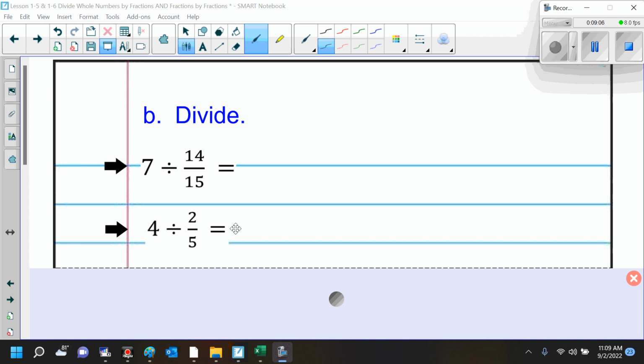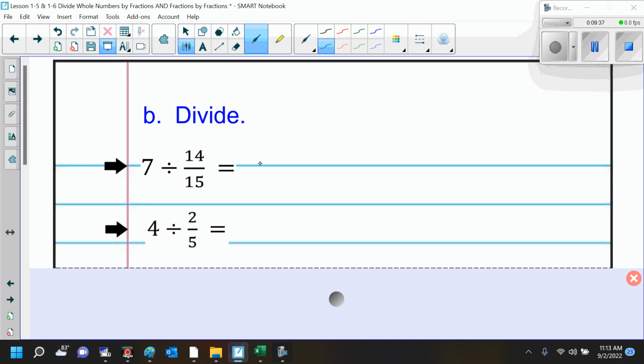So here, I'm going to have you guys do this with your table partners. I'll give you about 2 minutes, maybe 3, to divide 7 divided by 14/15 and 4 divided by 2/5. So again, when we are dividing fractions, we are going to make the whole number into a fraction, and we will multiply by the reciprocal of the second fraction.